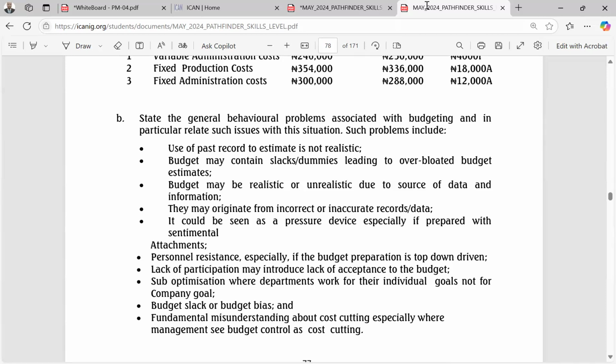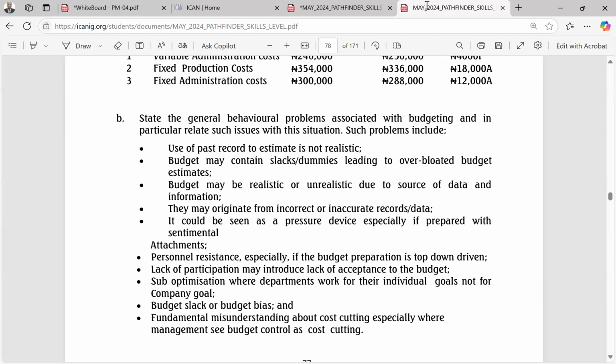Now, they say budget may contain slack or dummies, leading to over bloated budget estimates. So your budget may be having some slack, over budgeted. Budget may be realistic or unrealistic due to source of data and information.